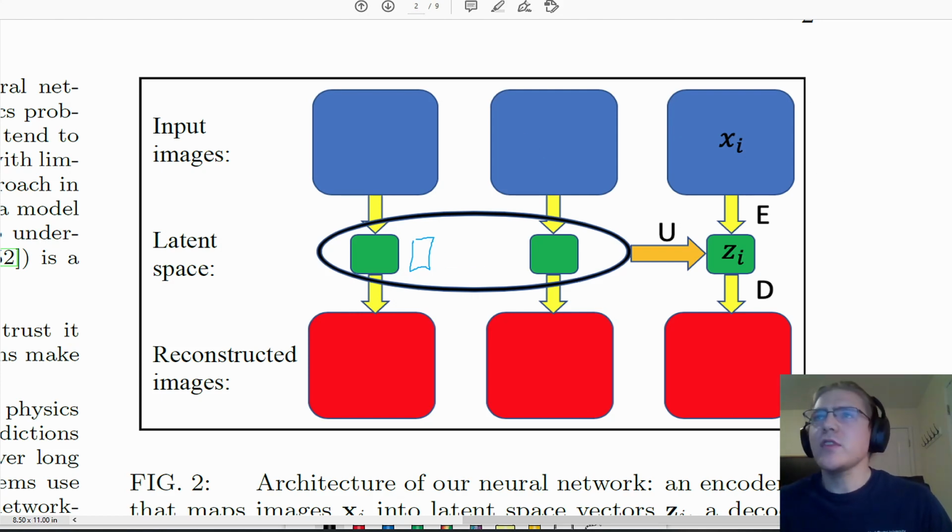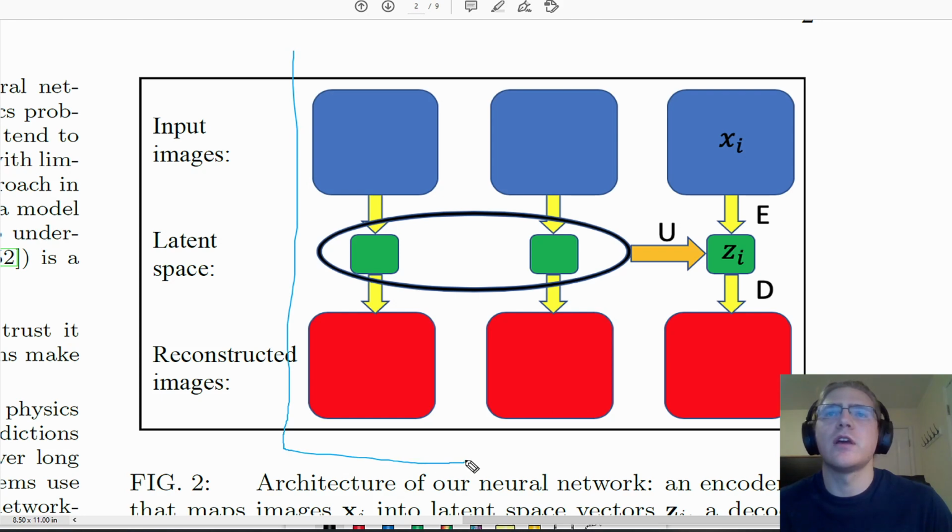There's a decent bit going on in this picture. So let's break it up and first just look at this section. So input image. So you got your image here.